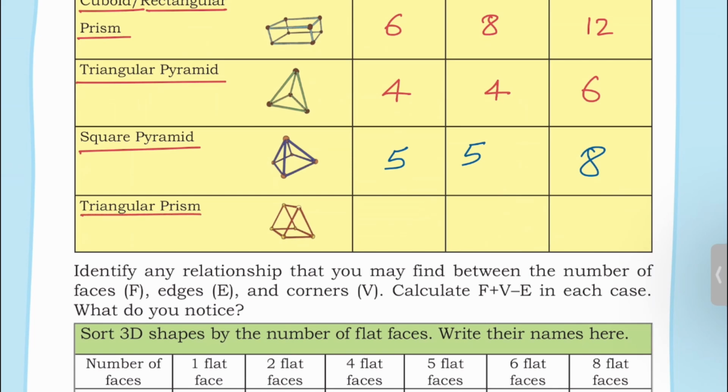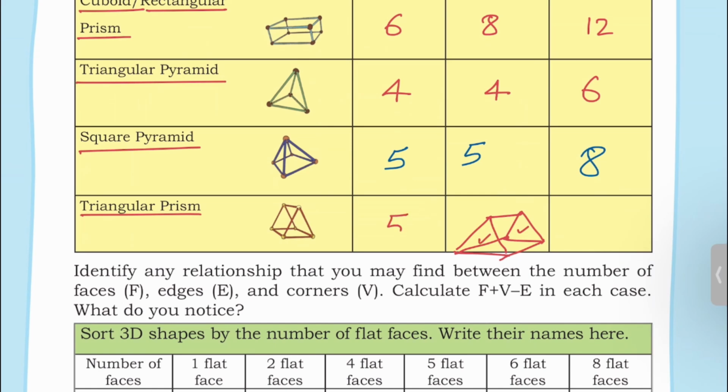Similarly, triangular prism. That means a shape whose 2 faces are triangular and the rest are rectangular. Number of faces: 1 triangular face at the back, 1 in front and 3 rectangular faces around.